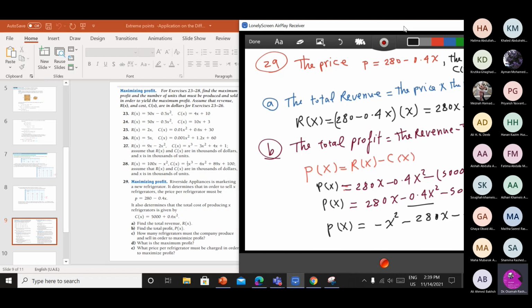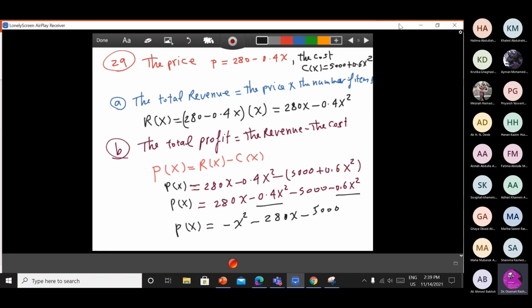What's part C? How many refrigerators to produce and sell in order to maximize the profit? This is the same question as I have done before.